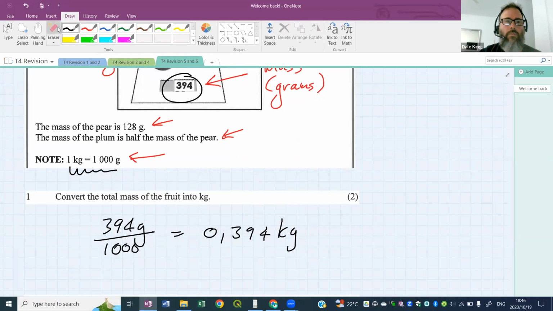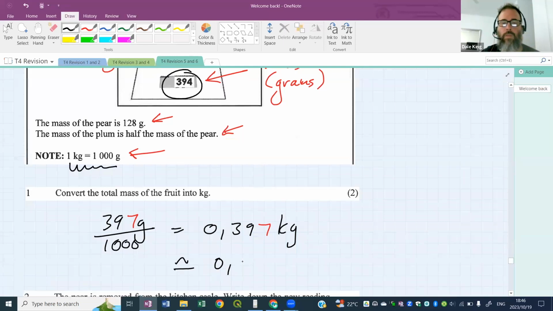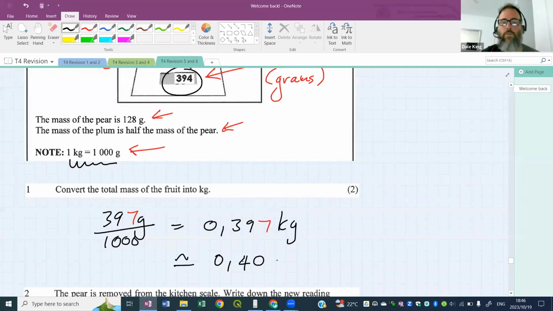Now, what if this wasn't 4, it was 7? Well, the instruction in the front of the paper says that you have to round off to 2 decimal places. So for this answer, we will need to round off to 2 decimal places, and that will become 0.40 if it was 397.